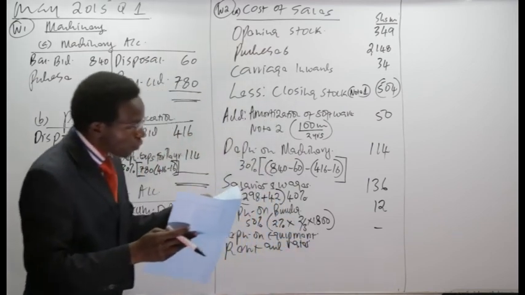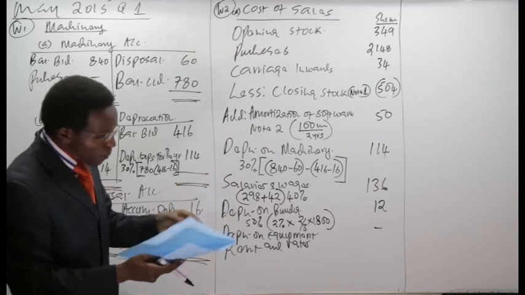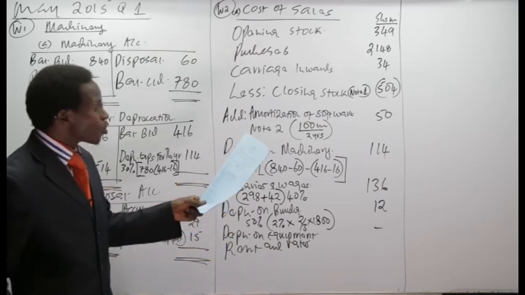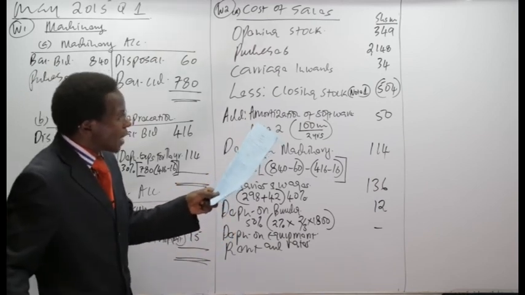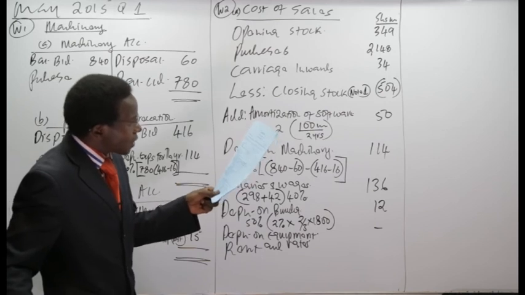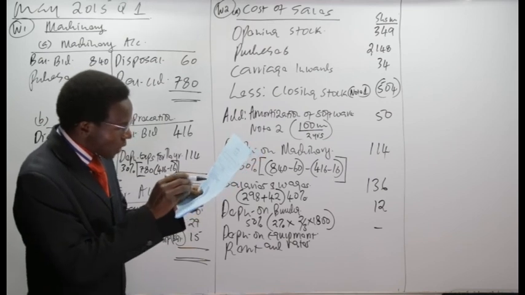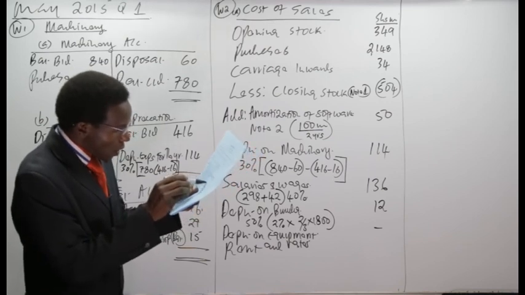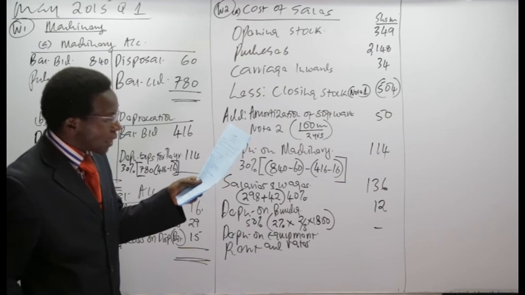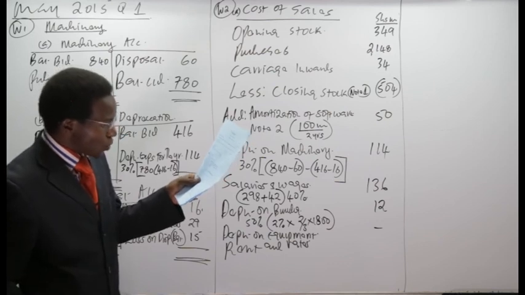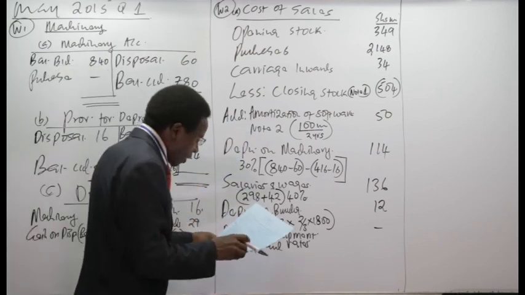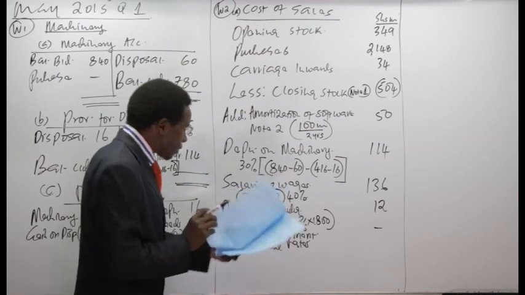We have been told that 40% of rent and rates is to be part of cost of sales. So we go to the trial balance. The rent and rates figure, friends, I'll get it as 282. We have been told we are only allocating 40%.